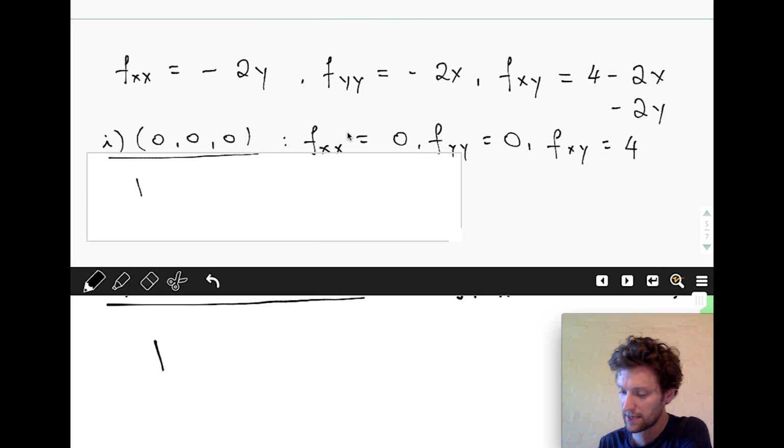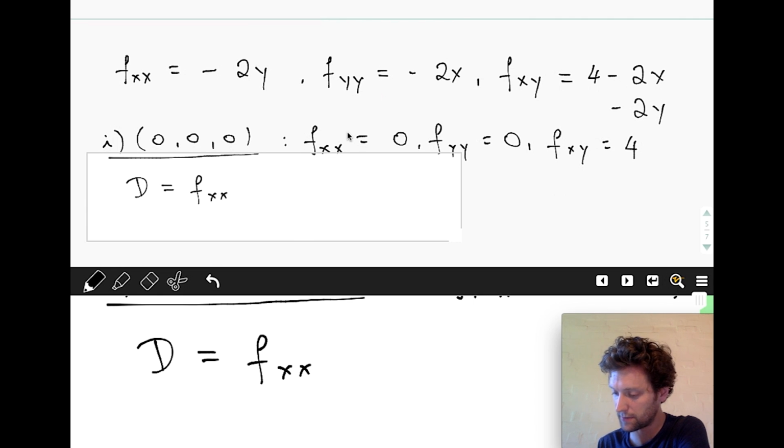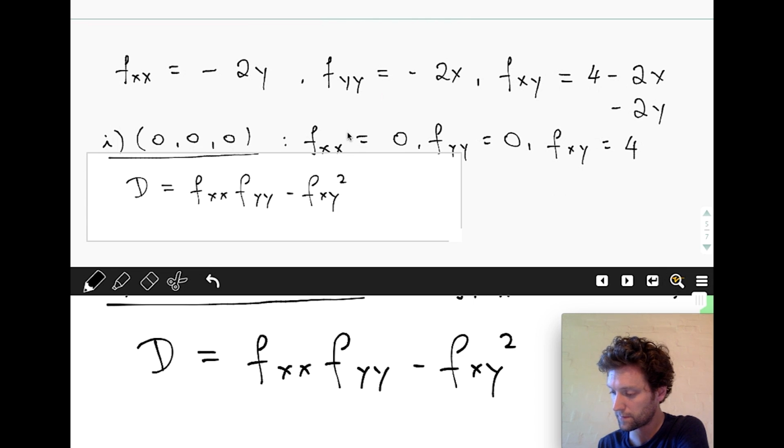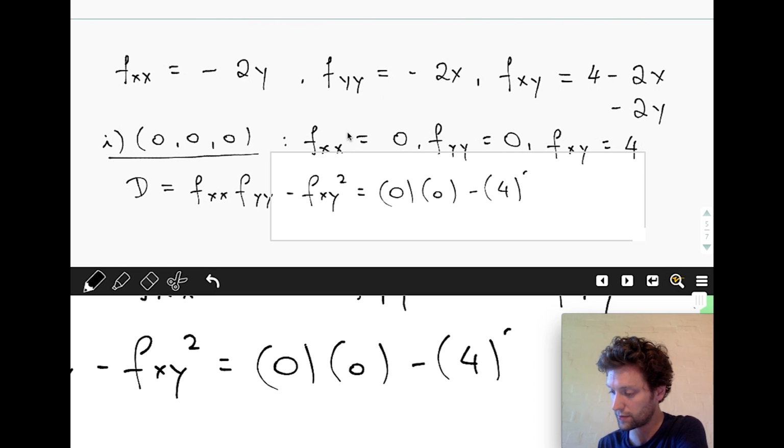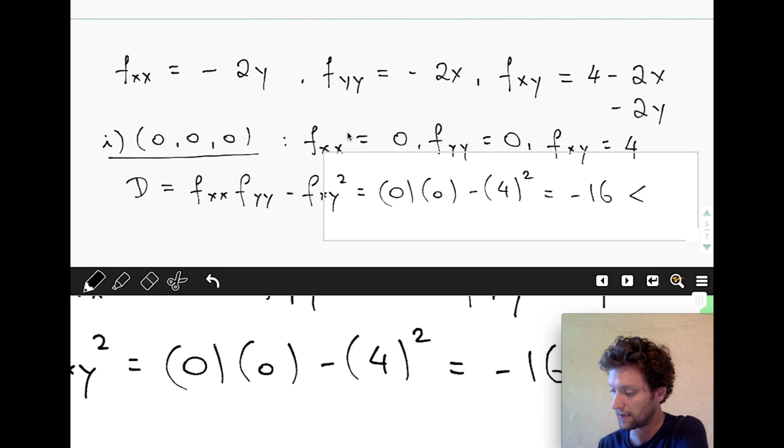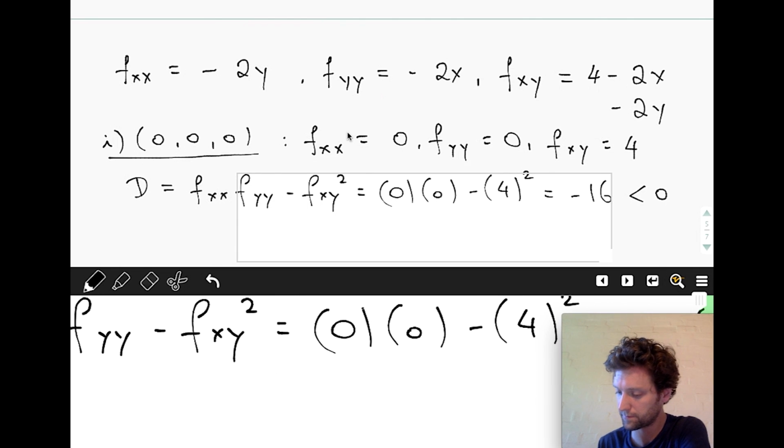That means that d will be equal to fxx times fyy minus fxy squared, which is 0 times 0 minus 4 squared, which will be minus 16. So that's a negative number, which implies that this is a saddle point.